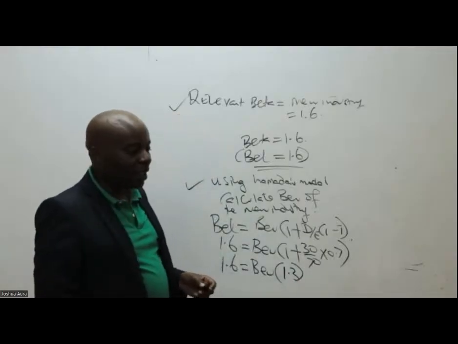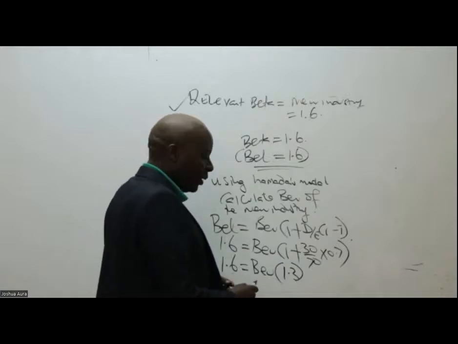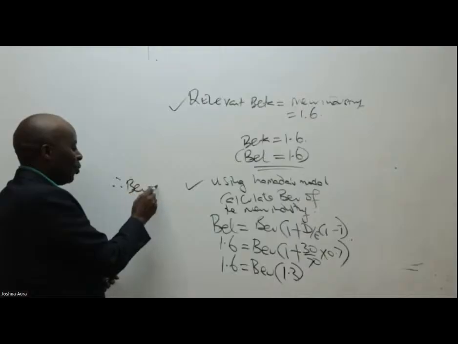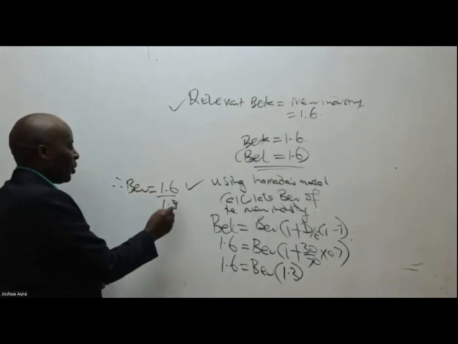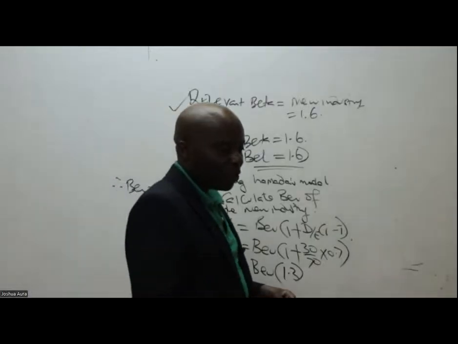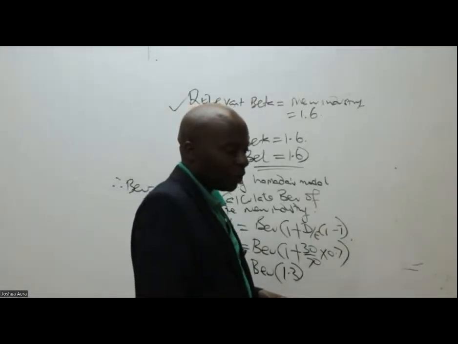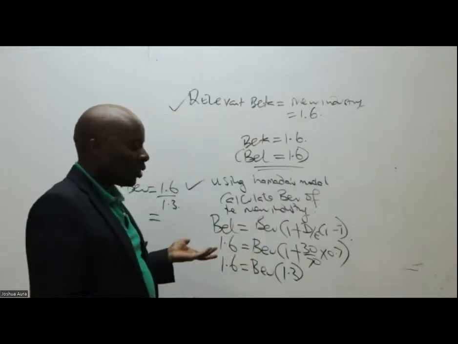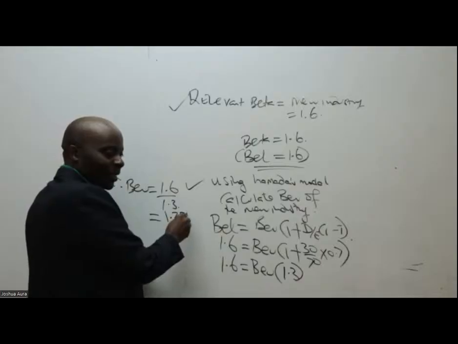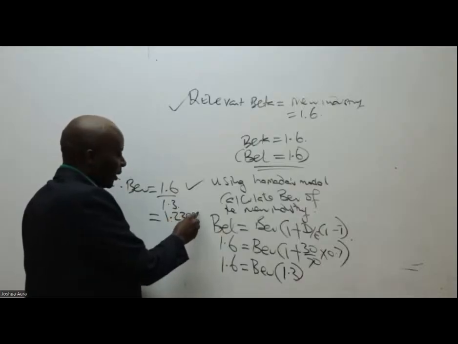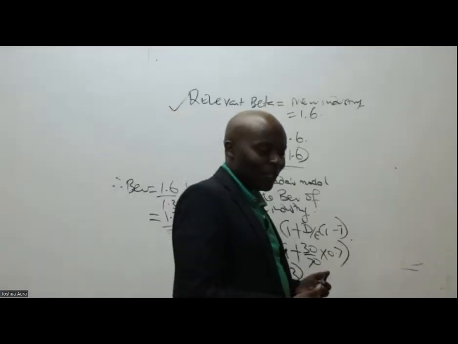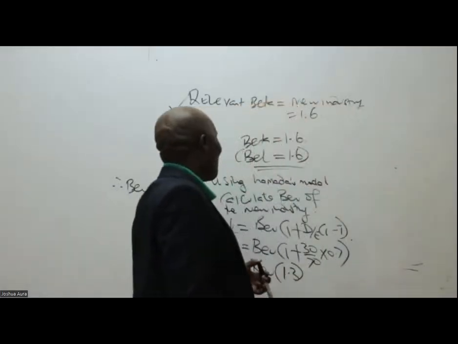So at the end of the day, my BEU will be equal to 1.6 divided by 1.3, which is 1.23. You will get a BEU of 1.23, with many decimals. Thank you so much, that is wonderful.